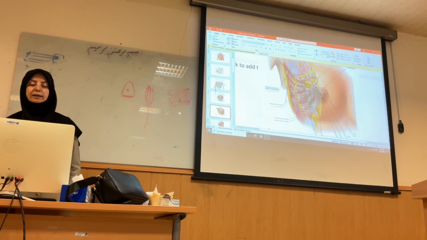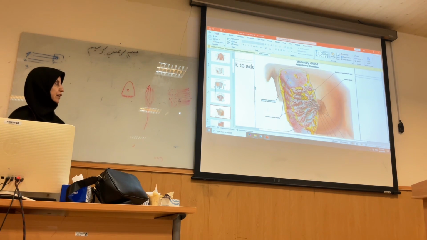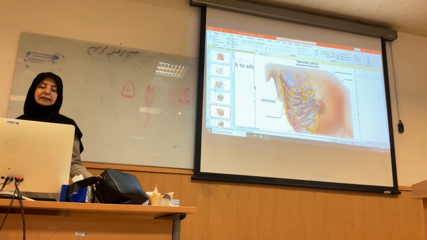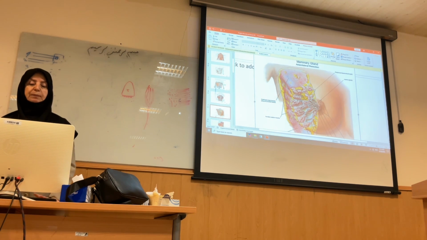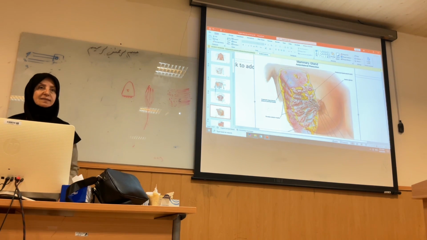Look at here. In this picture, we remove the skin in half of the breast. Inside of the superficial fascia, only in the anterior wall of the thorax, superficial to pectoralis major, inside of the superficial fascia, I am able to show you the mammary gland, breast.